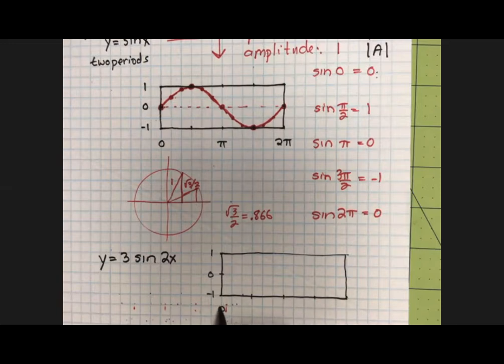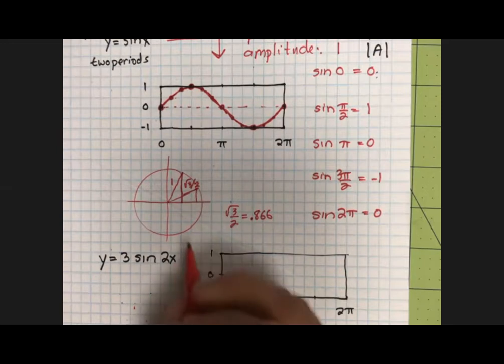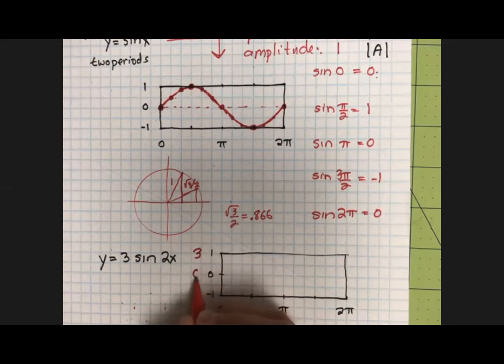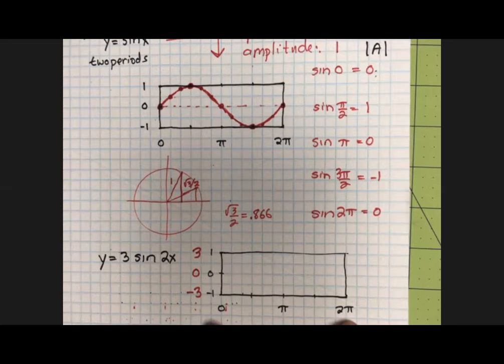The practical definition of amplitude and period is that the 3 has just tripled the height of this box, and the 2 has cut the length of this box by a factor of 2.